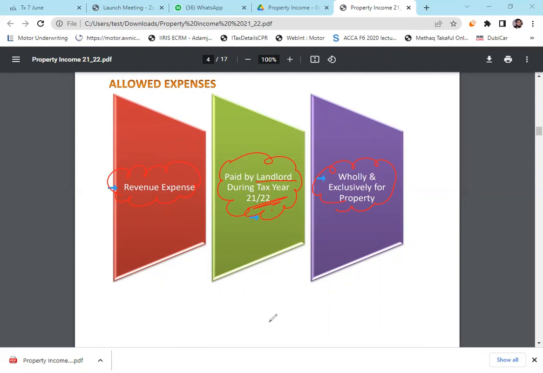So these are the conditions. Any expense can be allowed expense if it meets all these conditions, 1 plus 2 plus 3. Revenue expense paid in tax year and must be exclusively spent on property. If any expense meets all three conditions, this expense is going to be allowed expense.